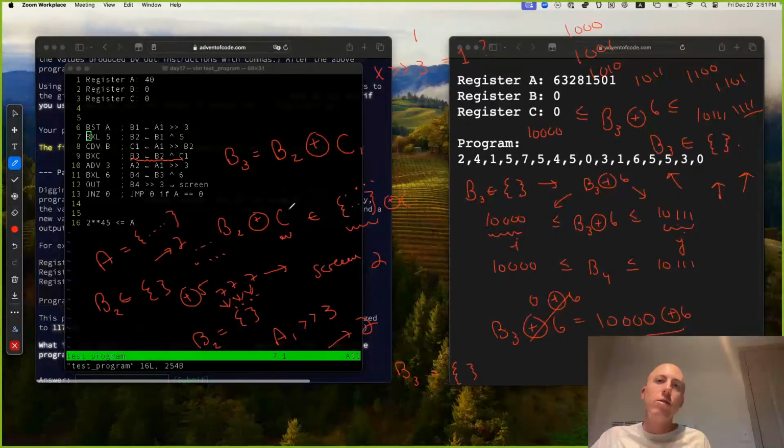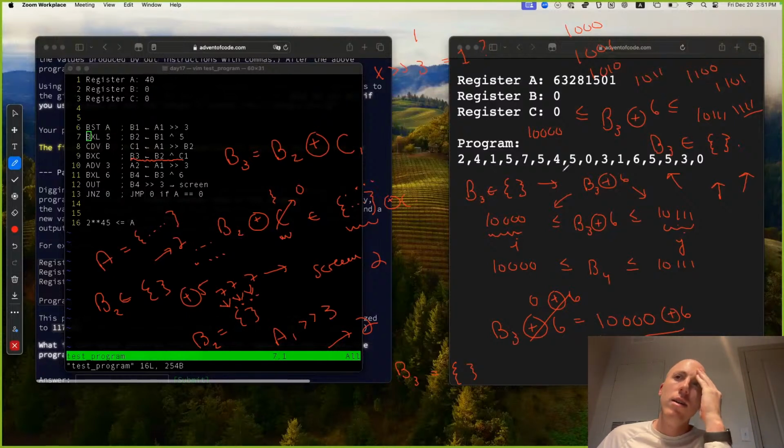Let's just assume that C is 0 in this case. So if this number XORed with 0 is in here, then you're good. Maybe we need to be careful with C once we're trying to output this for the entire program, where we have to go multiple times. But in this simplified case, let's just say C is 0.